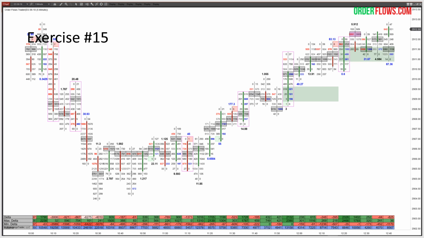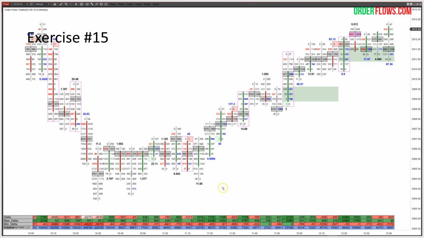Okay, exercise number 15. Let's take a minute. Read the delta. Okay, so this one's a little bit harder. I've shown you a lot of delta surges actually, or transitions and flips.